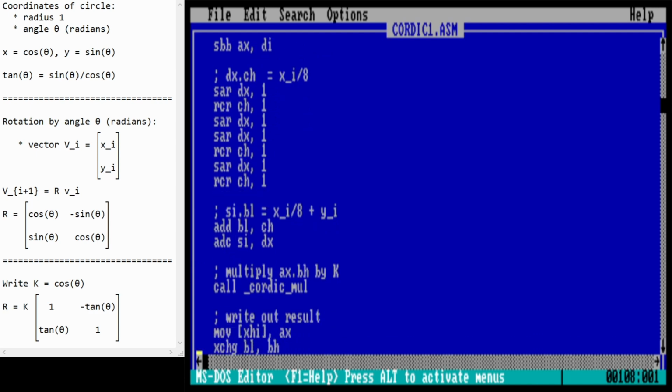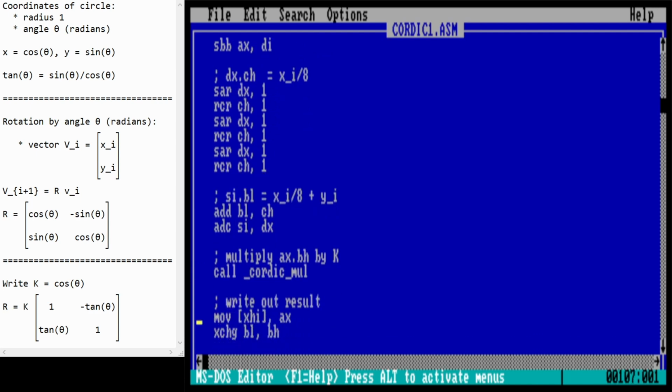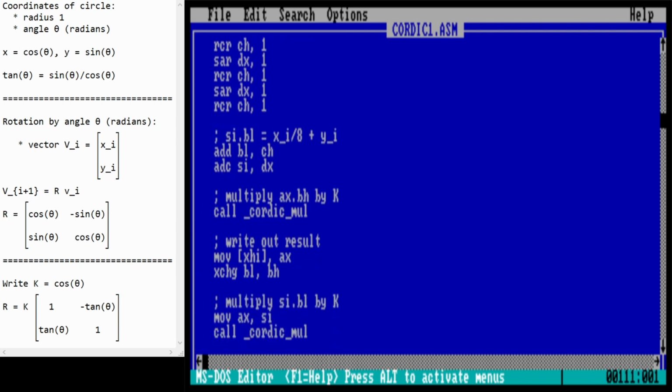So once we've done that, we're actually already ready to write out the high word of our new x value. The low byte we'll have to hang on to for now, and we just move it into the BL register, and the BL that was from here, we just move that into BH, and we're also going to move SI into AX.